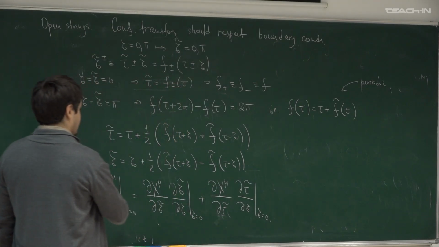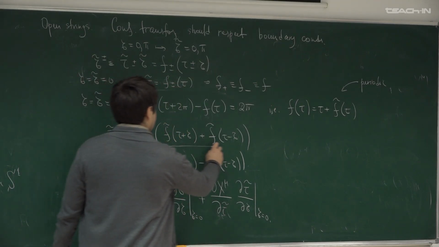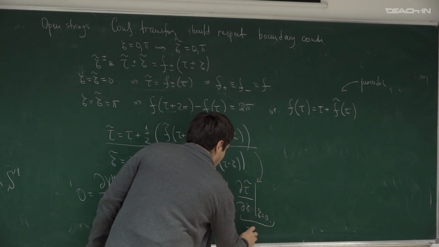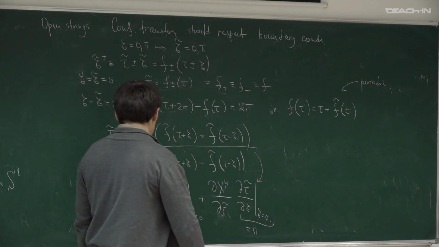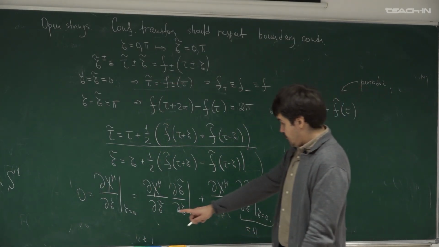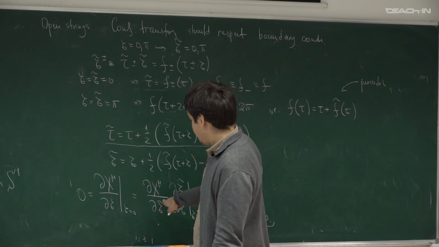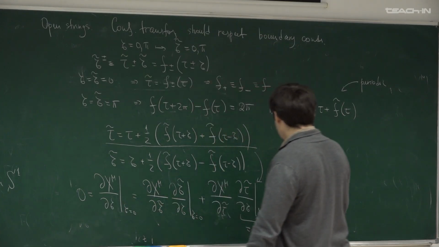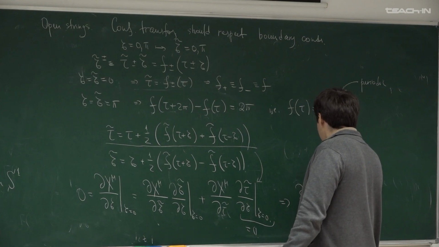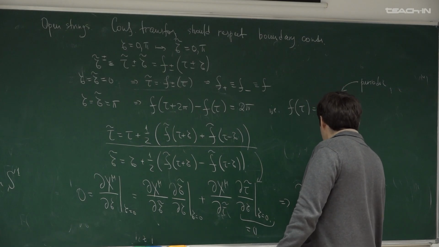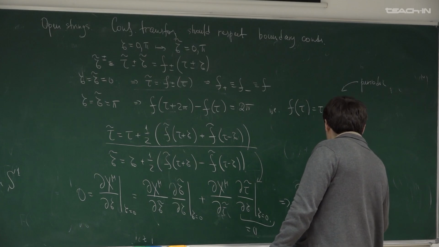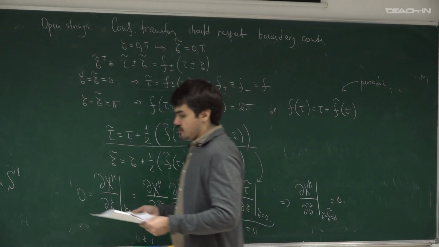And from here you check that this is 0. So the vanishing of dx mu over d sigma implies the vanishing of dx mu over d sigma tilde. So it's kind of consistent.